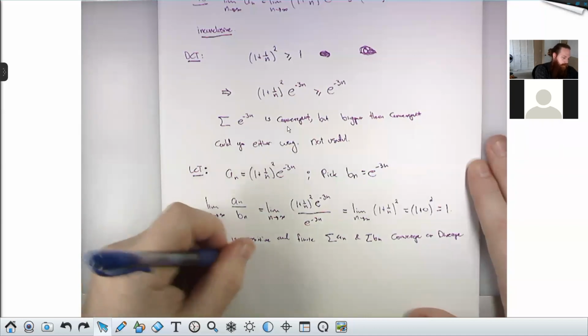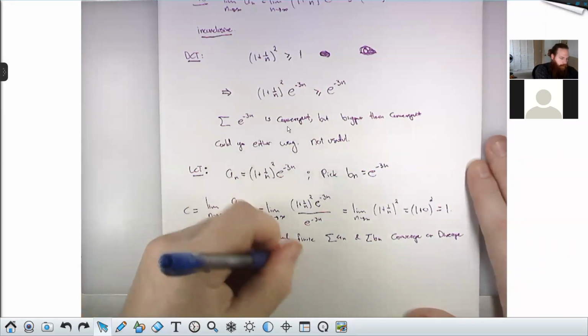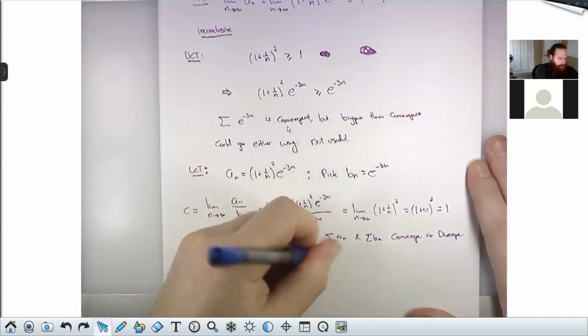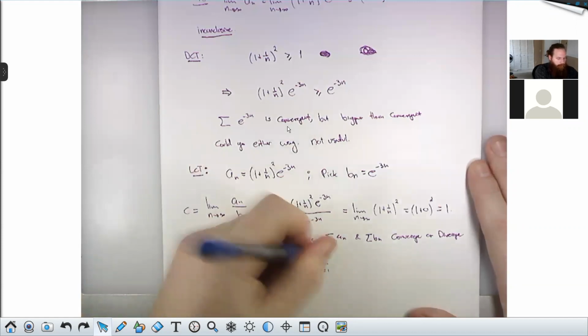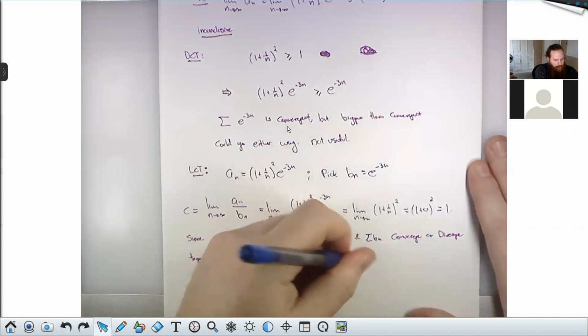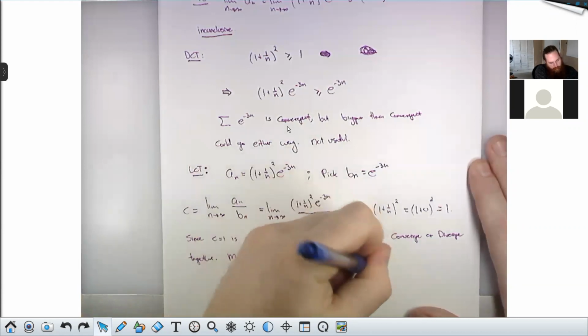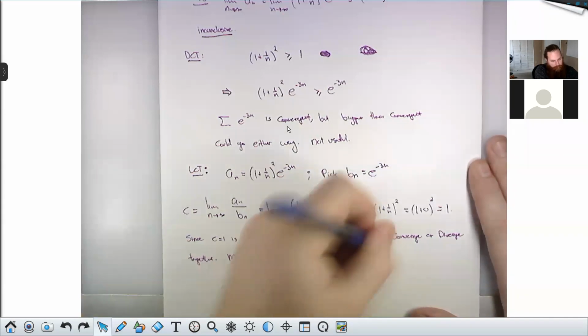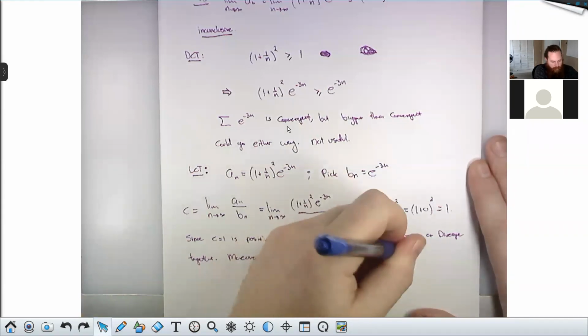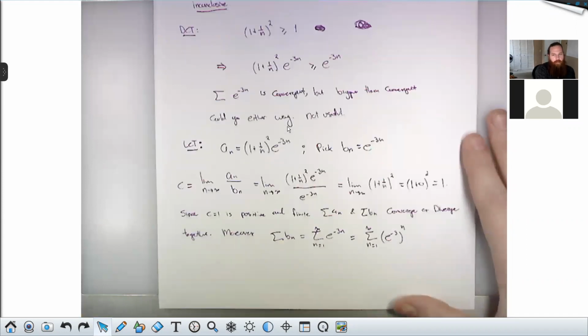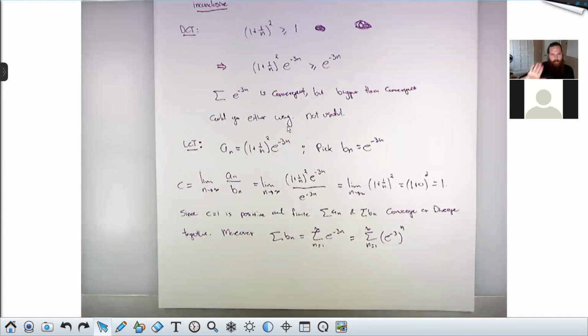Moreover, sigma bn is the sum from 1 to infinity of e to the negative 3n, which is the sum from 1 to infinity of (e to the negative 3) all to the n. Here I'm using a rule for exponents that says a to the b, all to the c, is a to the b times c. So e to the negative 3 times n is the same as e to the negative 3 all to the power of n.